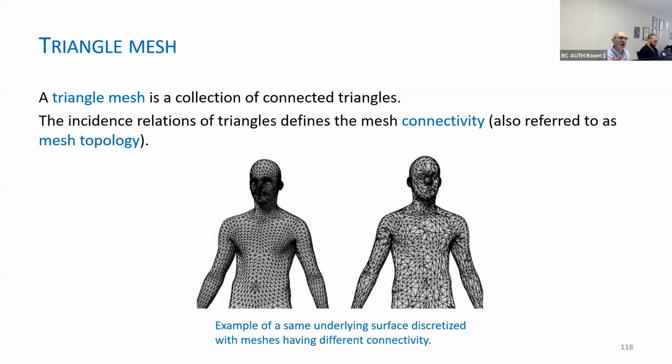So you can have the same shape, but of course you can have vertices in different positions and with different topology, with different connections. So of course, if we want to learn on such structures, we should find a way to be in some way invariant to these different topologies and different connections between them.